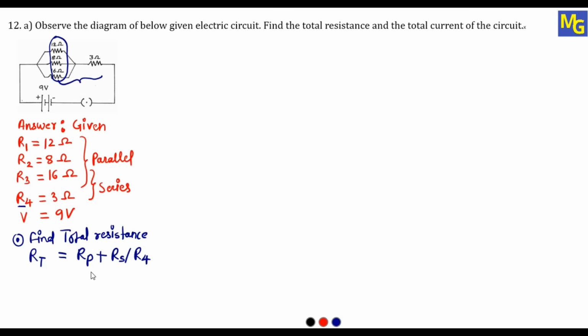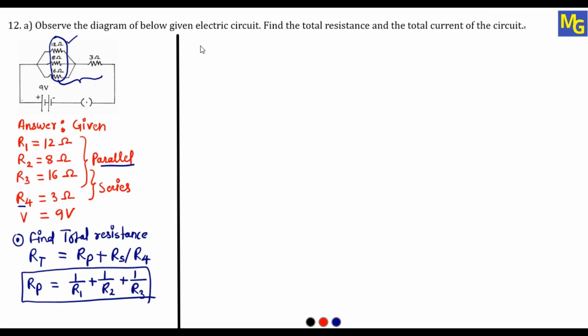Now to find out RP, first we have to use the formula for parallel combination. You can see the diagram, R1, R2, R3 are connected in parallel, so these three I have used in this formula.